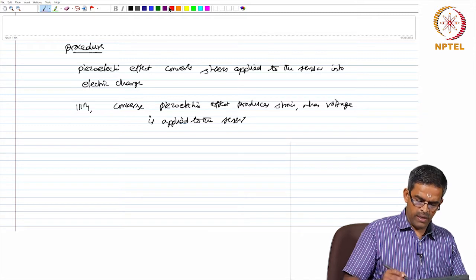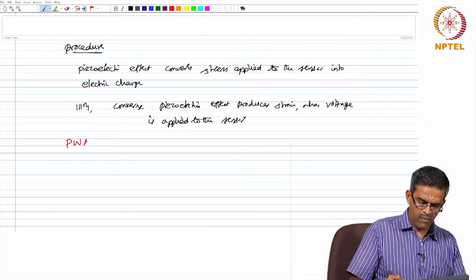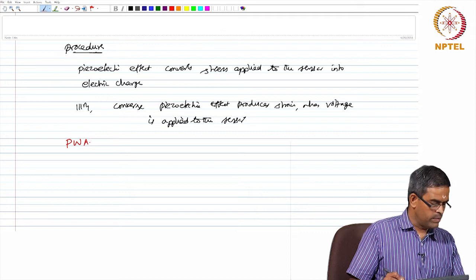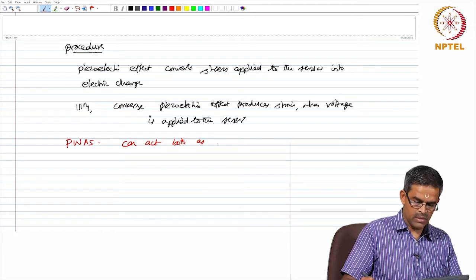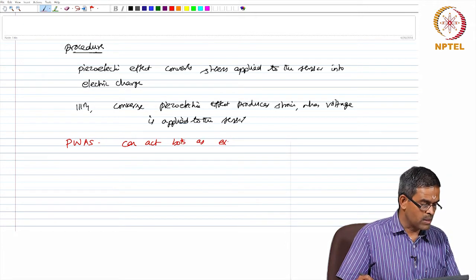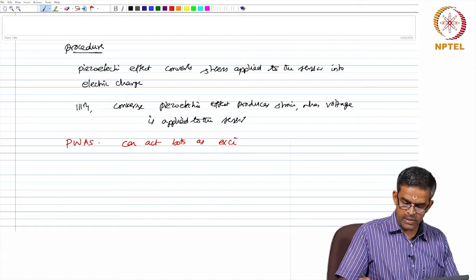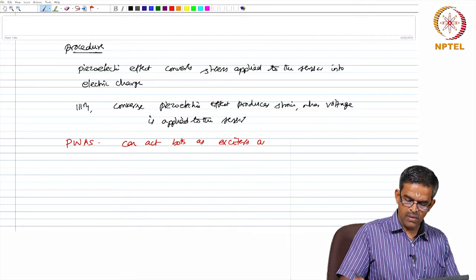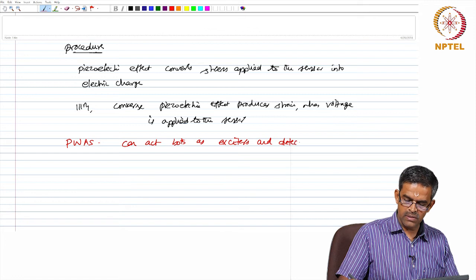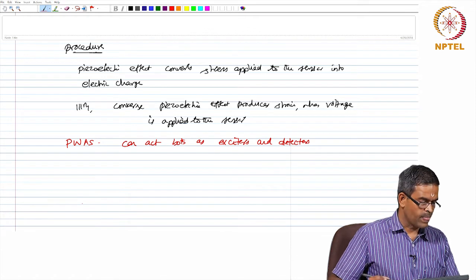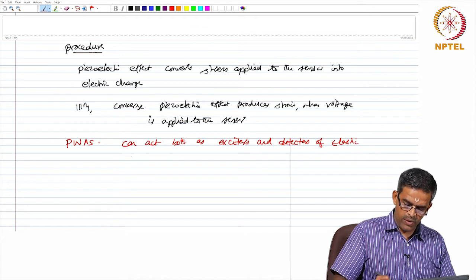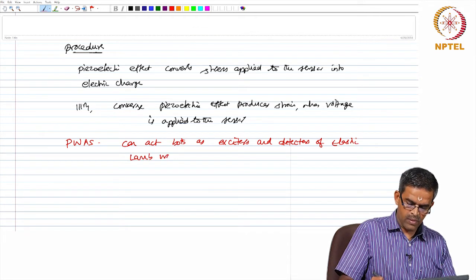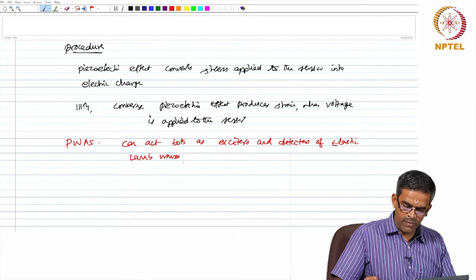So, interestingly, these piezoelectric wafer active sensors can act both as exciters and detectors of elastic Lamb waves traveling in the material.